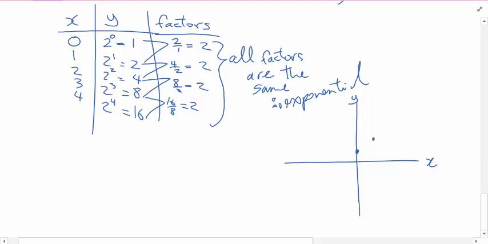When x equals 2, y equals 4. And when x equals 3, okay, we're going to have y equals 8, so double the last one. So it looks somewhat like that.